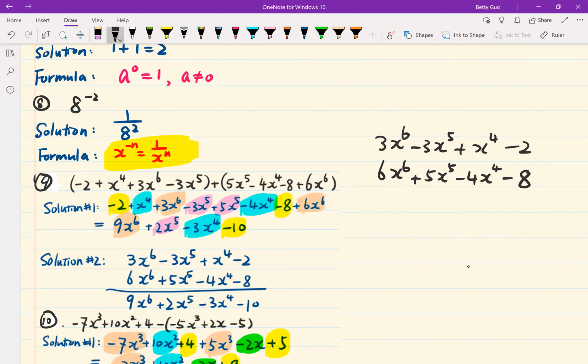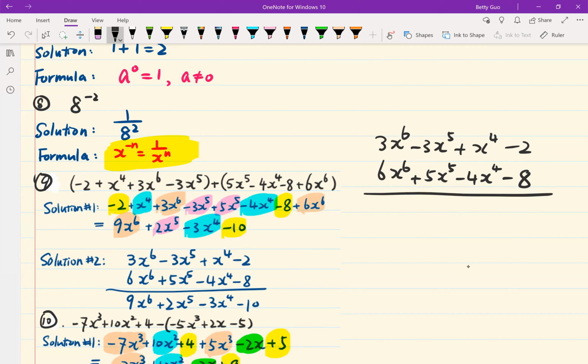Make sure that you align the like terms in the 2 polynomials if you apply the vertical method. Now we know the 2 polynomials are placed vertically and their like terms are aligned. We are ready to add them up.